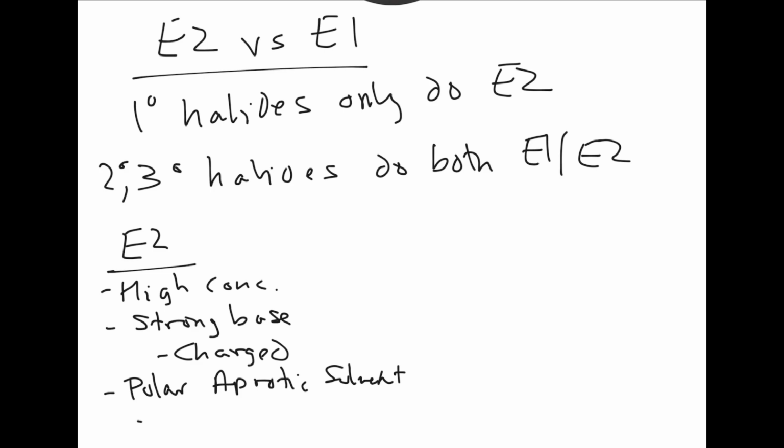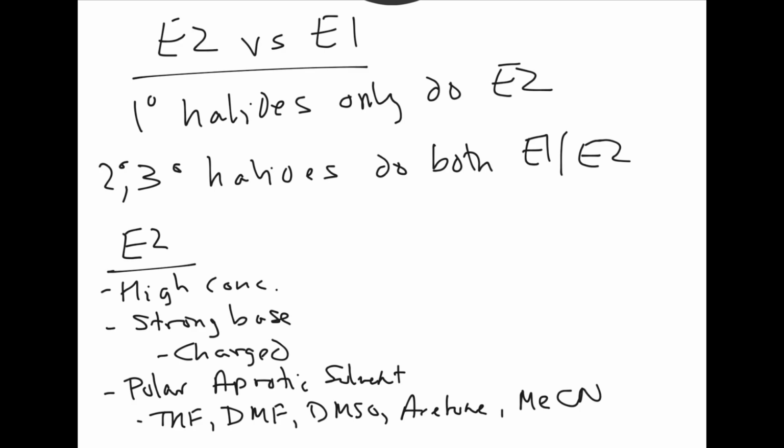So those are THF, DMF, DMSO, acetone, and acetonitrile, which gets abbreviated MeCN. I worked really hard to give myself enough room to make 2 columns, and I totally killed that dream again.